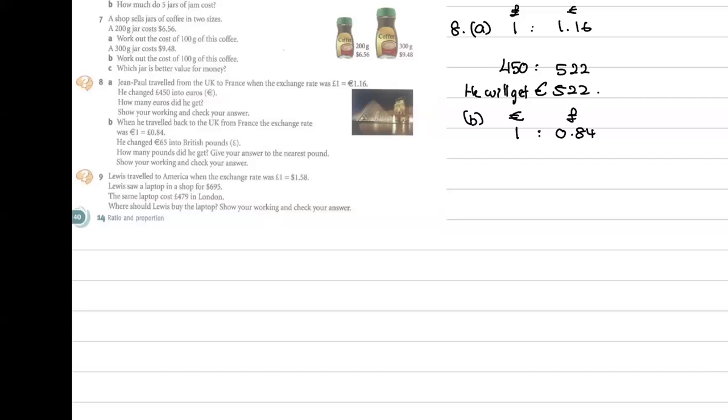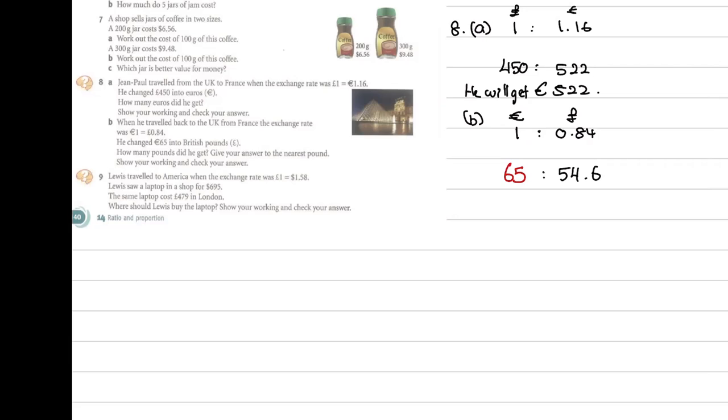He changed 65 euros into pounds. So you get 54.6 pounds. How do we do it? We multiply by 65 here, do the same thing on the other side. So you get 54.6.